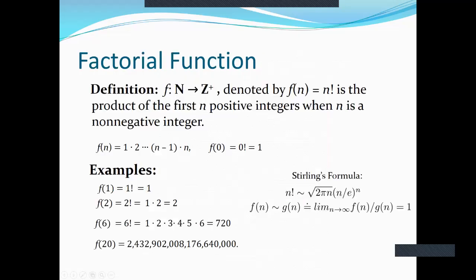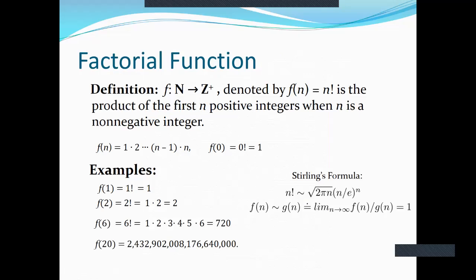All right. The next is the factorial function. It is basically a function that maps the natural numbers to the positive integers, denoted by f of n is equal to n factorial. The exclamation symbol is used for the factorial, which is the product of the first n positive integers when n is a non-negative integer.